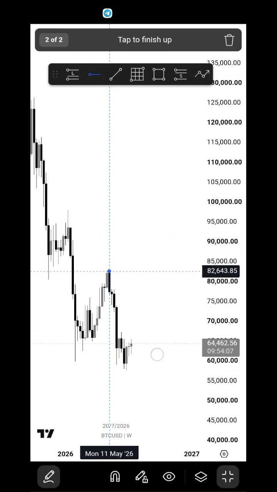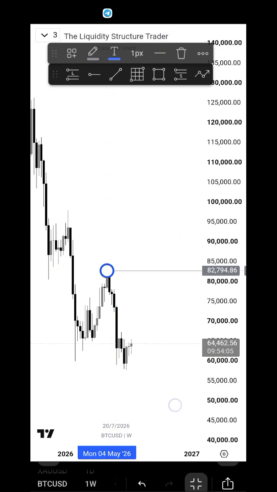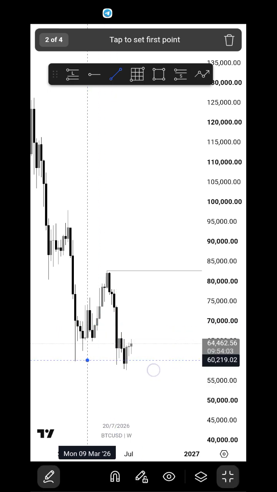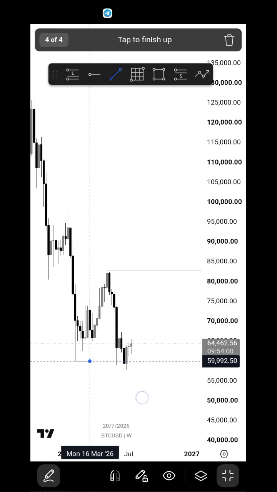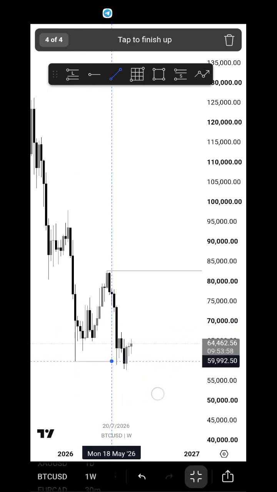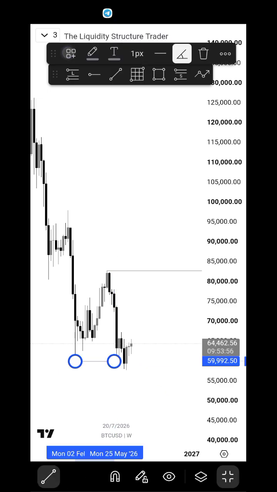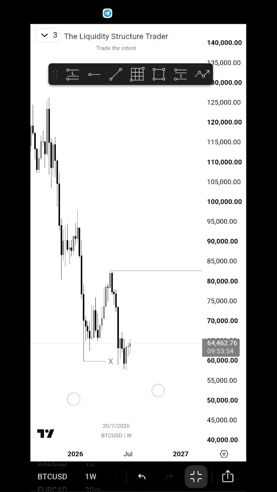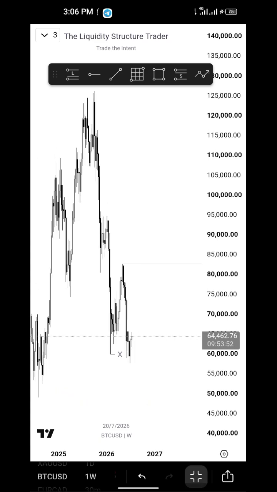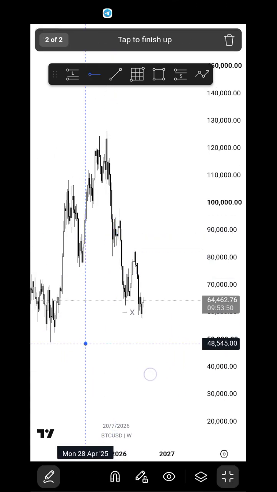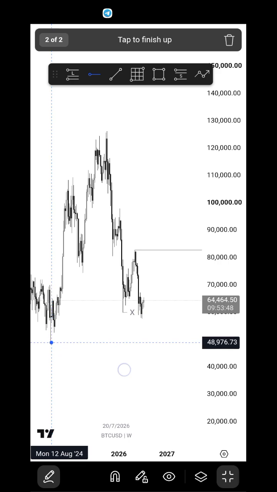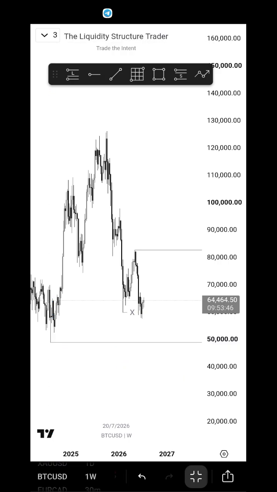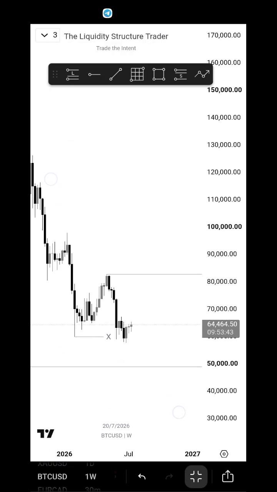Here is our weekly swing high, and here is the swing low that was broken, our valid break of structure, and our next draw on liquidity is here if we end up going bearish.